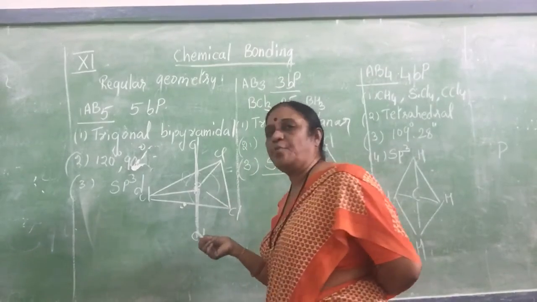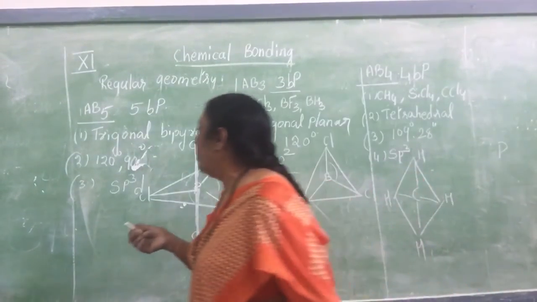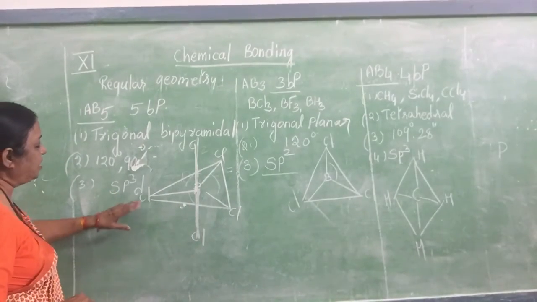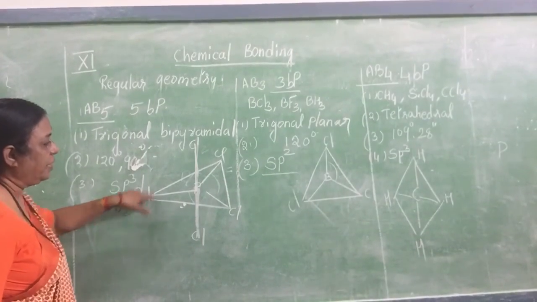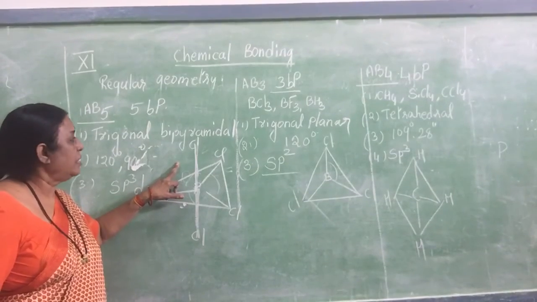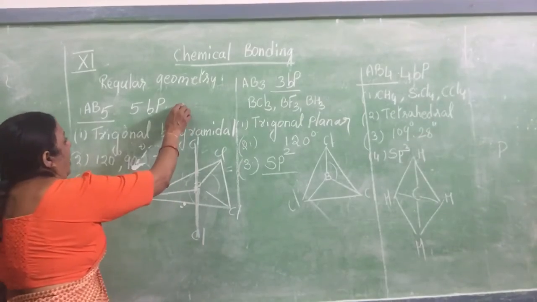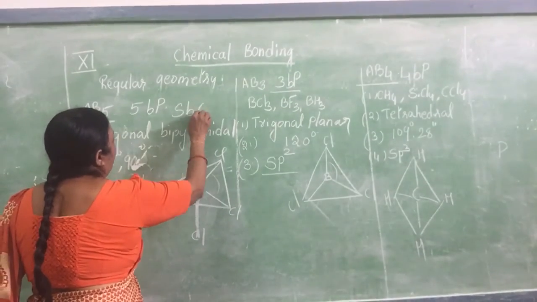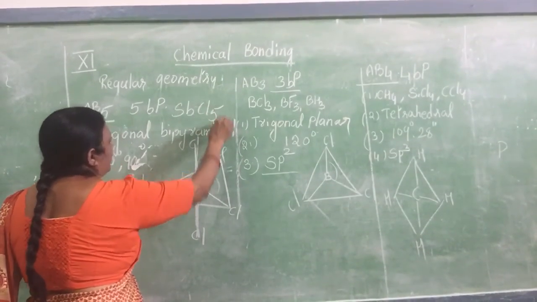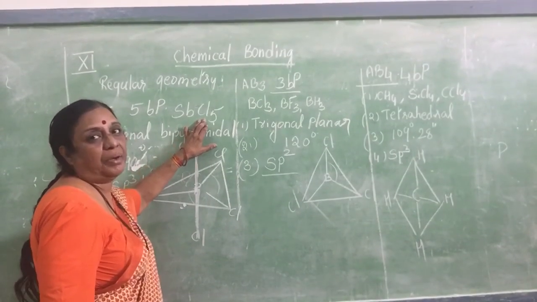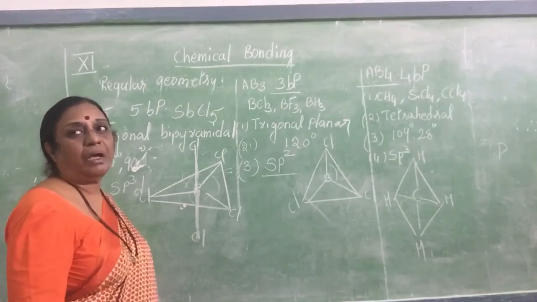AB5, 5 bond pairs, trigonal bipyramidal, 120 and 90 degrees, sp3d hybridization. Now this is the diagram of AB5. Other examples are SbCl5, antimony pentachloride, and phosphorus pentachloride.